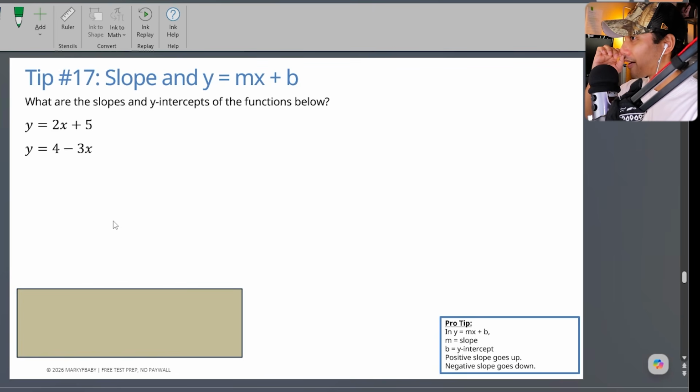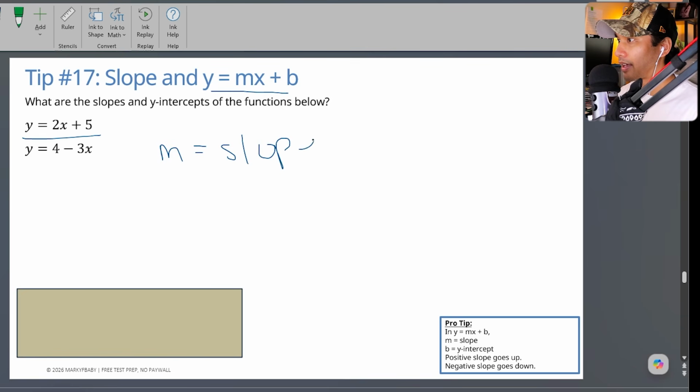So, what are the slopes and y-intercepts of the functions below? We're just going to identify the slope and y-intercept. Given y equals mx plus b, and our equations written in mx plus b form, we could figure out the slope and the intercept. The slope is just m, and the y-intercept is just b.